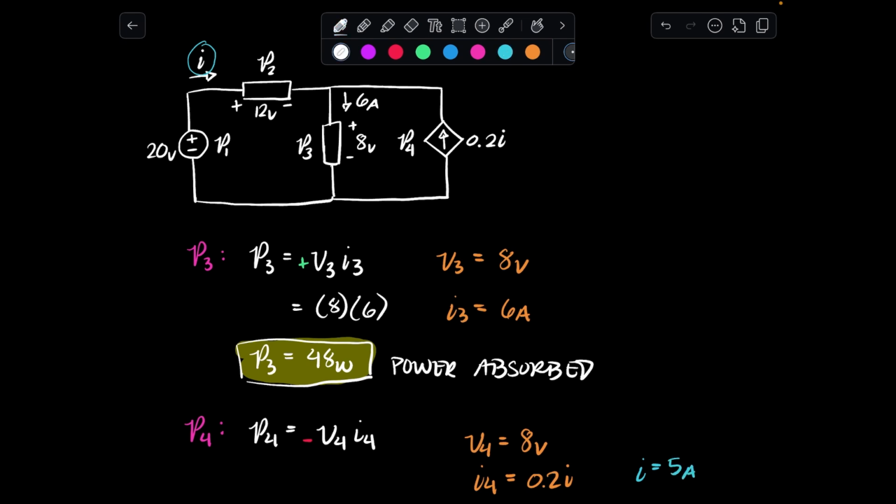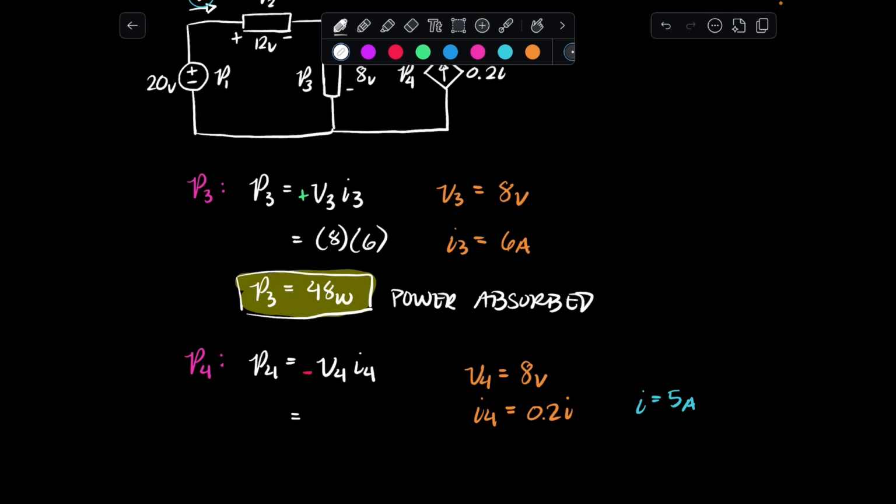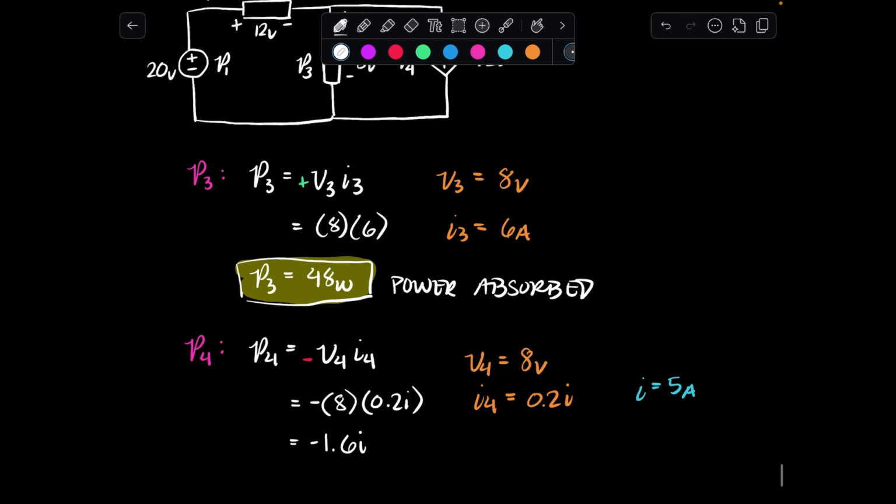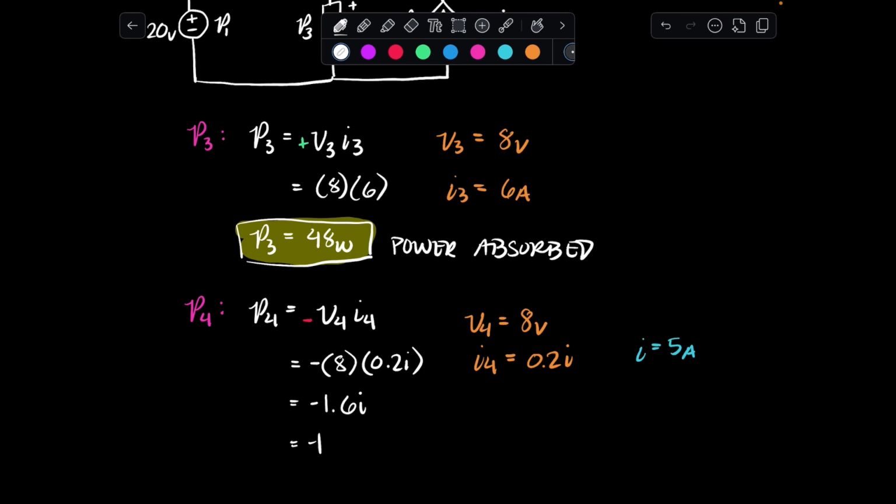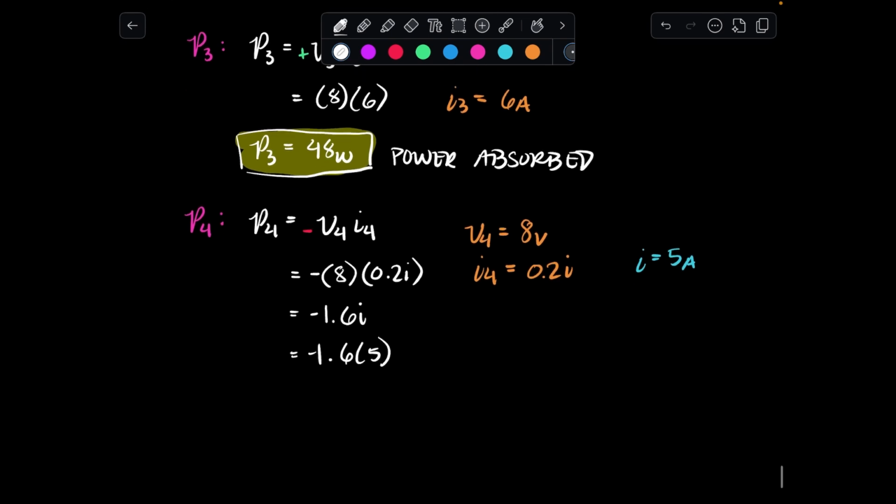Therefore, P sub 4 is equivalent to negative 8 volts times 0.2 I, which is equivalent to negative 1.6 I. And since I is equivalent to 5 amps, we multiply it by 5 amps. And we can conclude that P sub 4 is equivalent to negative 8 watts.